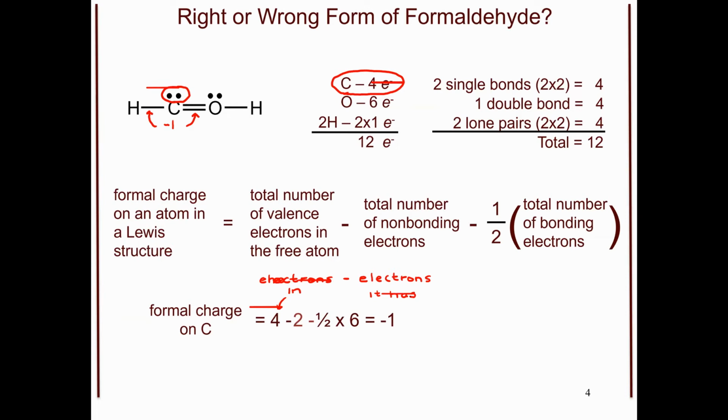For our lone pair, we are going to count those just specifically for our atom. For bonding pairs, we are going to only count 1 electron per bond. So in the case of our carbon, I would have counted 2 for our lone pair, and then I would count 1, 2, and 3 for my bonding pair.